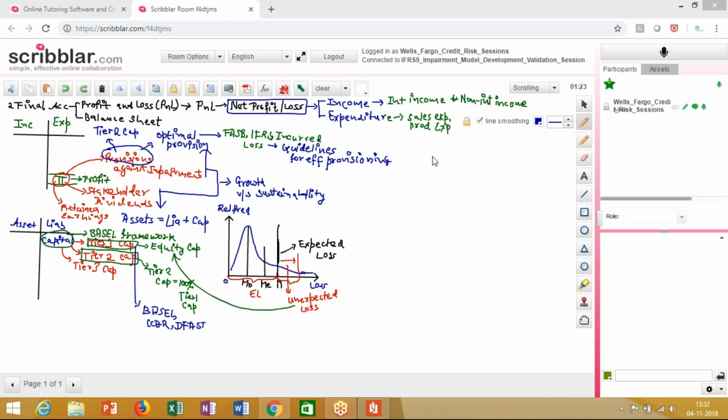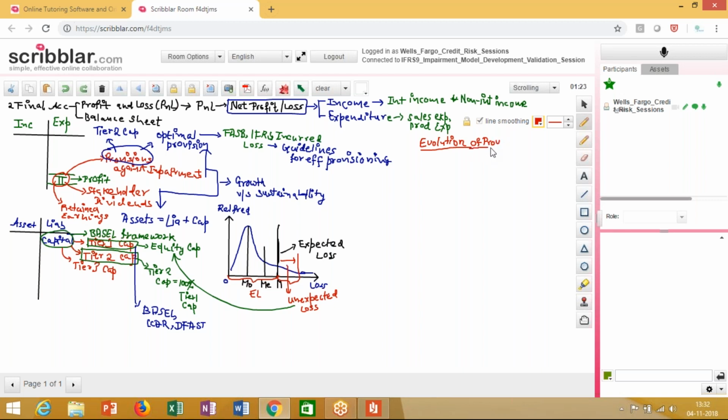One important thing: let's try to figure out the way the evolution has been happening. The evolution of provisioning models.